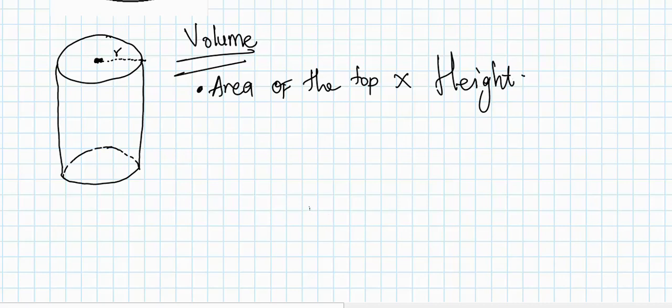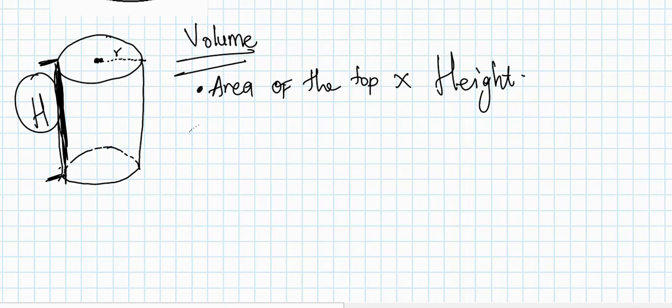In this case, the height of this cylinder is this distance there. What makes the cylinder a 3D shape? This is the height, starting from there up until there. Even if this cylinder was lying down, we would just call it the height.